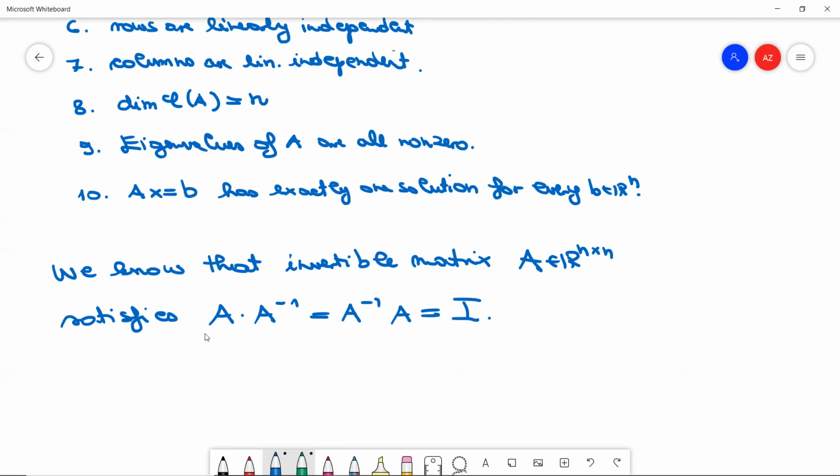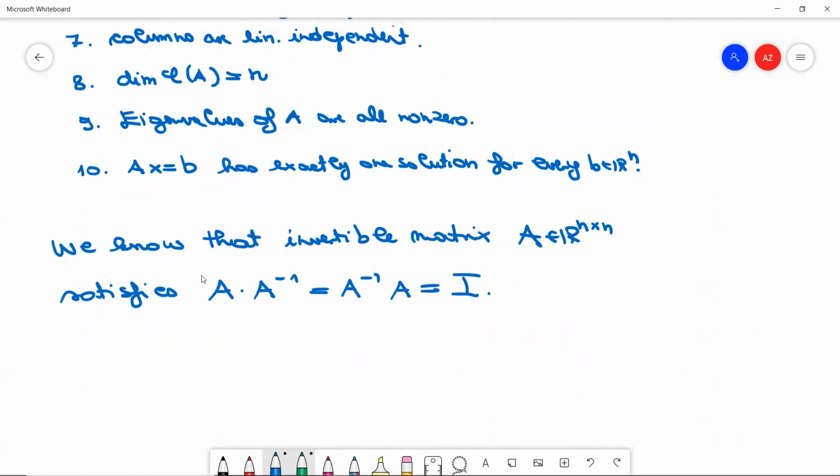Of course, we cannot expect that this equation will hold. But the idea is that if I multiply this by A from the right, let's say, so I get A times A to the power of -1 times A is equal to A. And I can require that instead of A times A to the power of -1 being identity, this equation is satisfied.